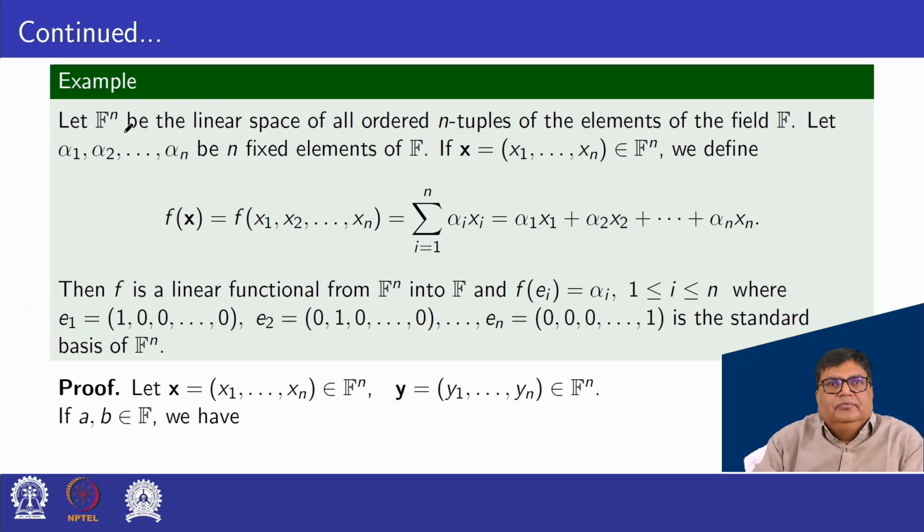Next example. Let F^n be the linear space of all ordered n-tuples of elements of the field F. Let alpha 1, alpha 2 and so on up to alpha n be n fixed elements of field F. If x equal to the n-tuple (x1, x2, and so on xn) is an element of vector space F^n, we define f(x), that is f of (x1, x2, and so on xn), equal to the summation i equal to 1 to n of alpha i xi, that is alpha 1 x1 plus alpha 2 x2 plus and so on alpha n xn.